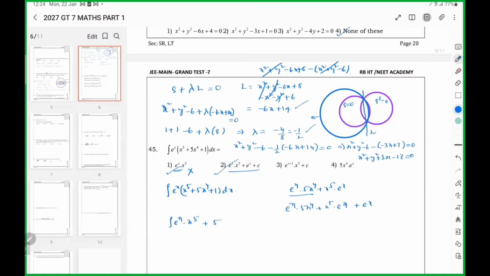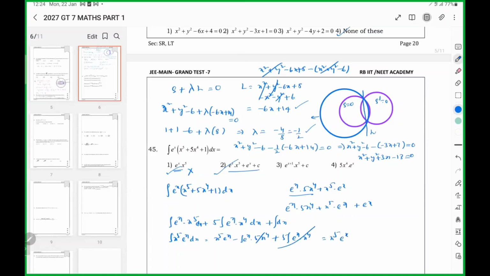Otherwise, by the other procedure, whatever you have, first e power x, so write in this order: x power 5 e power x, e power x into 5x power 4. Right? This and this get cancelled out.